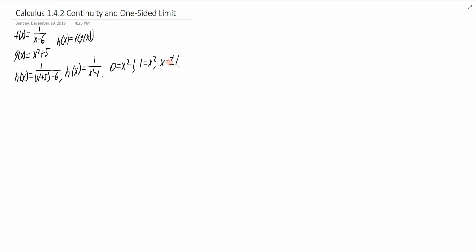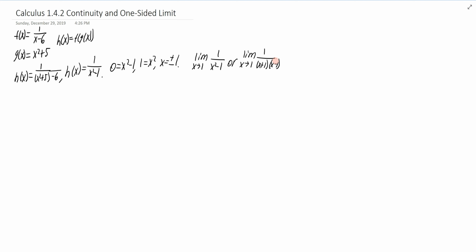Now to determine if it's non-removable or removable, we're going to use our limit test again. So we have the limit as x goes to 1 of 1 over x squared minus 1, or you can call this the limit as x goes to 1 of 1 over x plus 1 times x minus 1.